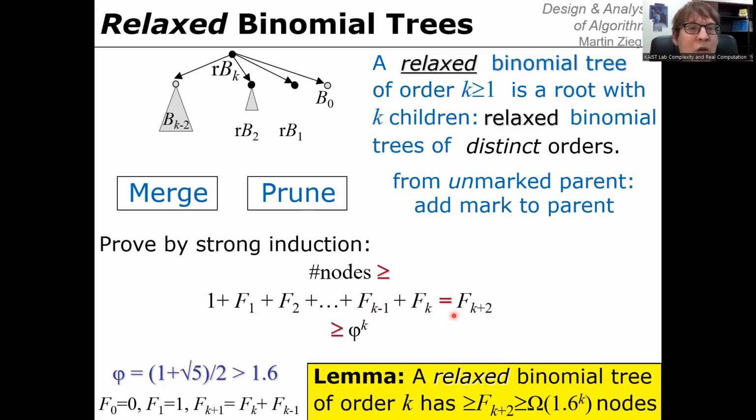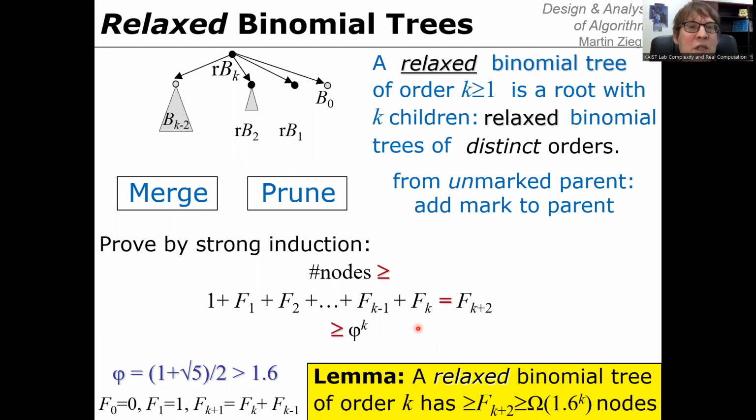And then indeed we can conclude that the number of nodes of a relaxed binomial tree of order k is at least, according to Binet, phi to the k+2.